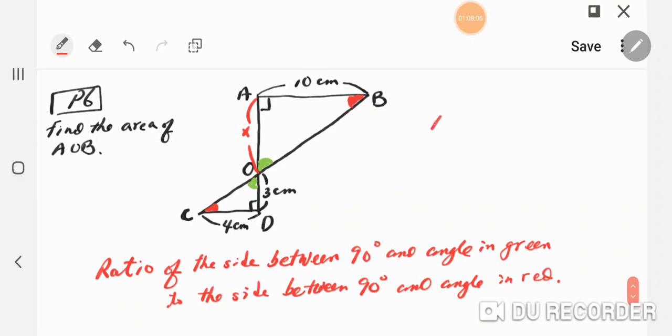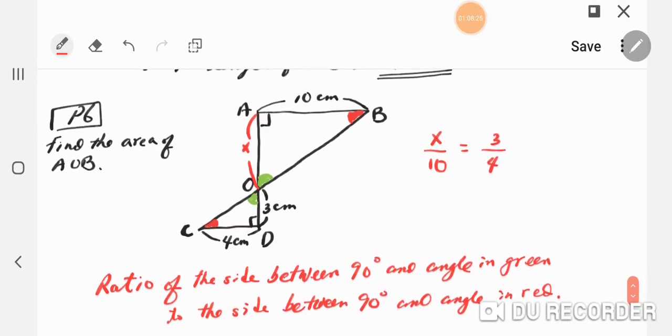The ratio of x to the other leg should be equal to the ratio of 3 to 4 from the larger triangle. The numerator is the side between 90 degrees and green, and the denominator is the side between 90 degrees and the angle in red.